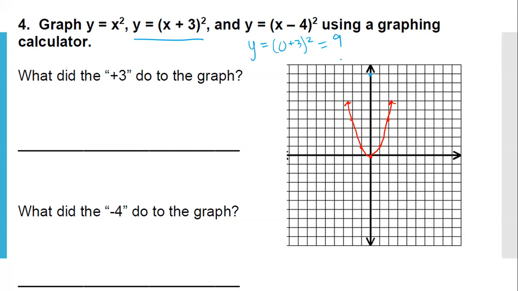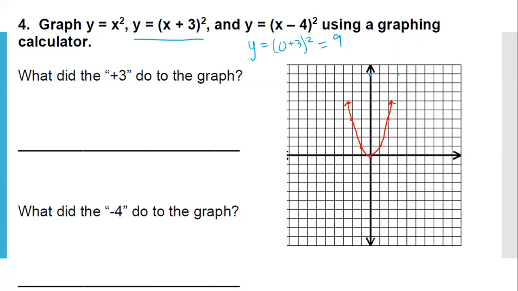Now, if I keep doing that, well, 9 as a parent function is typically right here. And what did I do to that value of 9? It went to the left, right? So even though it says plus 3, what's actually happening to the values? They're shifting to the left. They're subtracting 3.